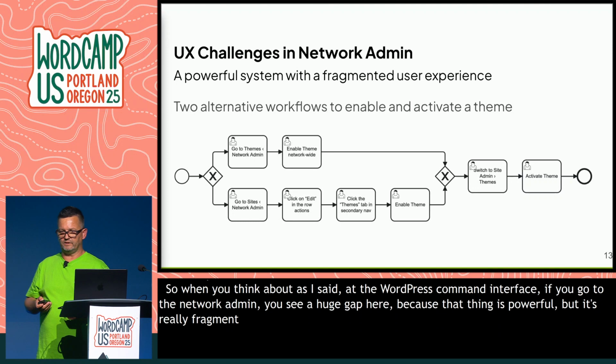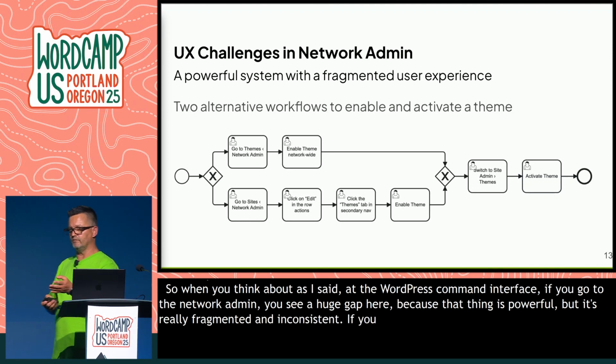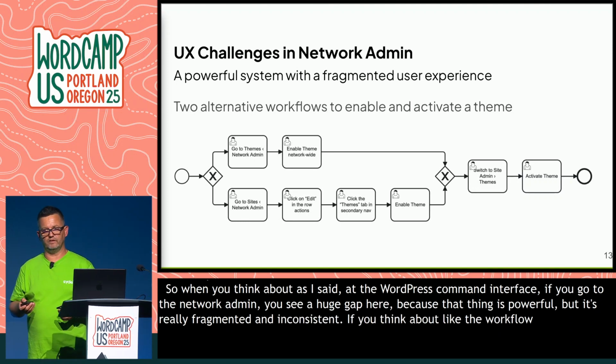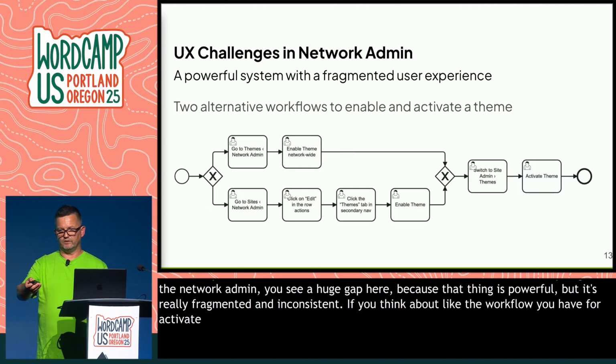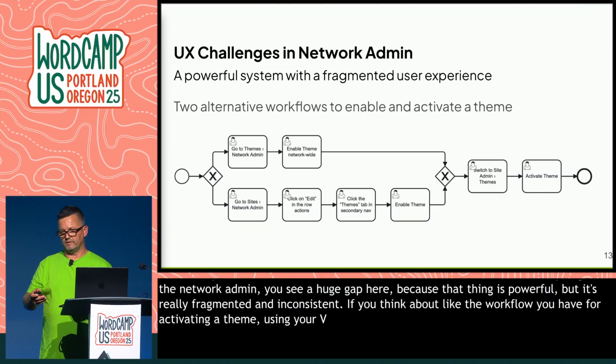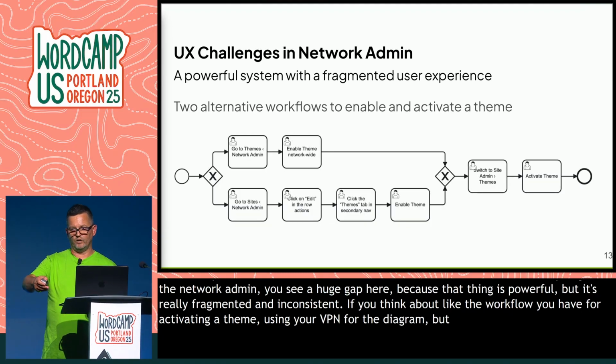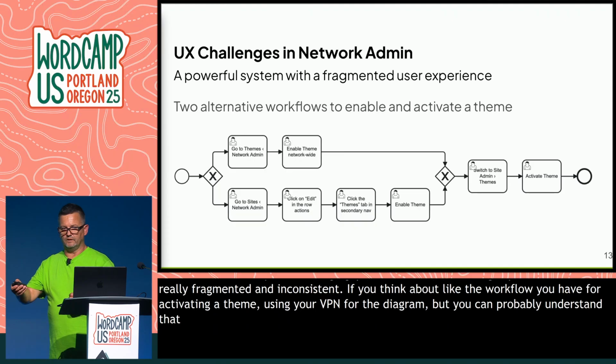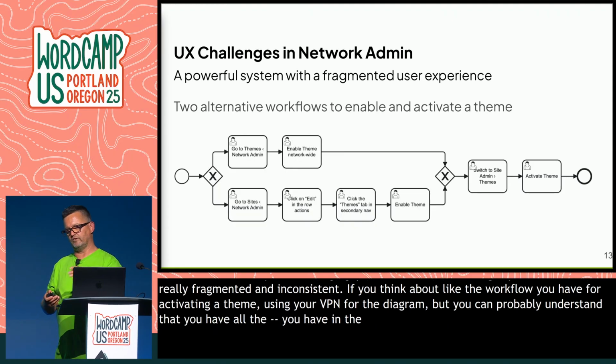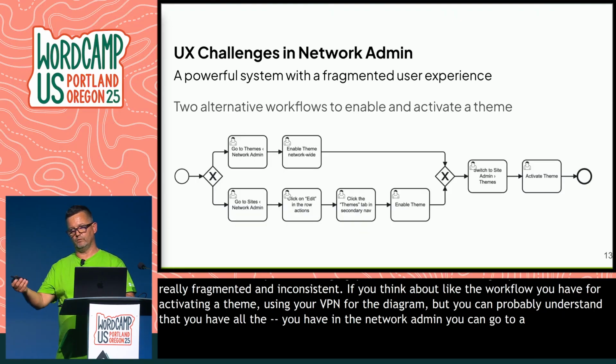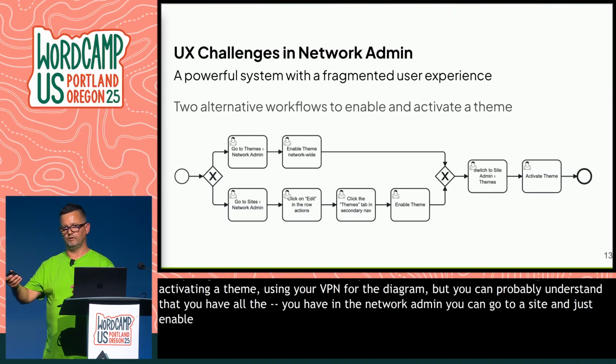If you think about the workflow you have for activating a theme, I used BPMN for the diagram, but you can probably understand that in a network admin you can go to a site and just enable a theme, but you still have to go in the website and then activate that theme.